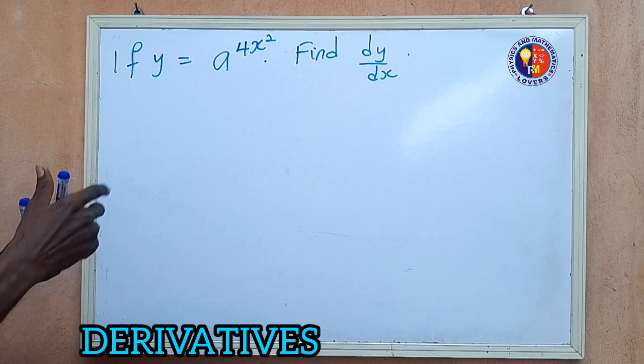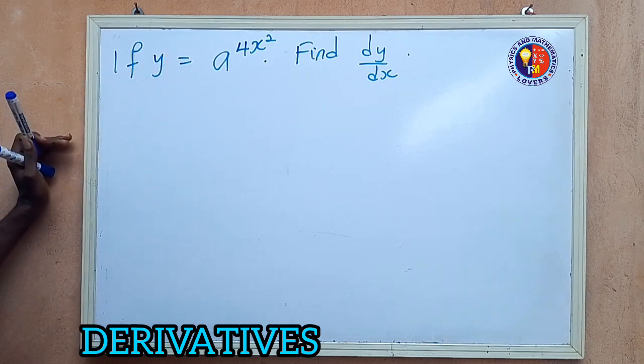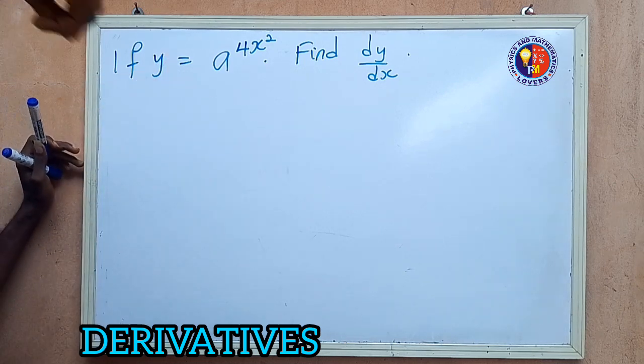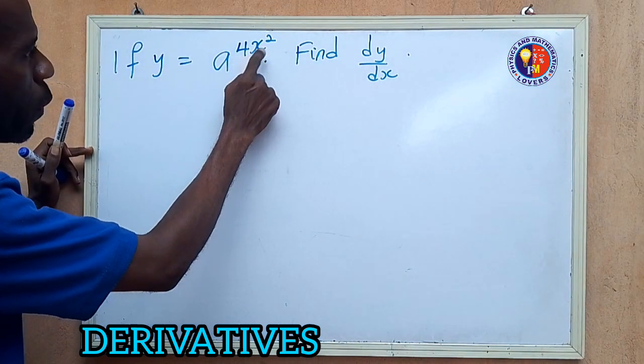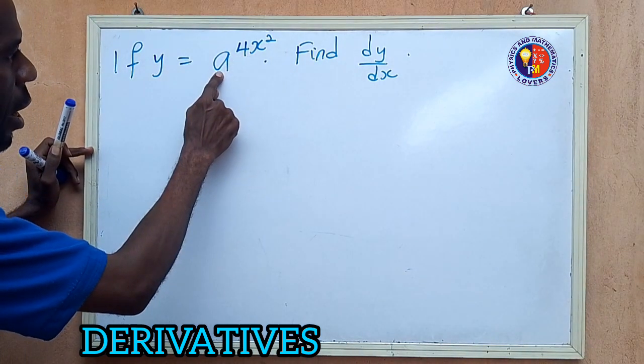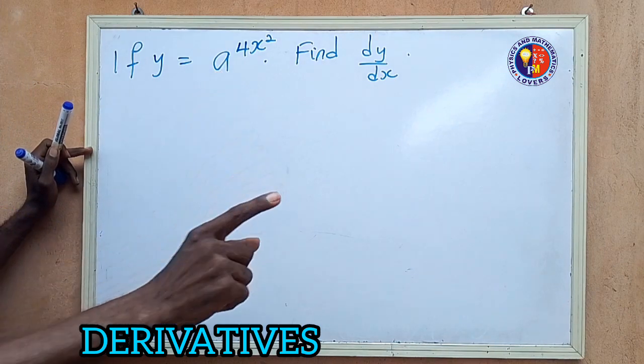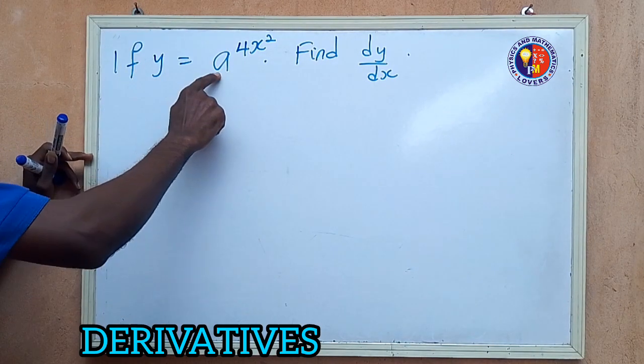That is what we call a composite function. A composite function is where we have a function inside another function. Look here, here is a function of x, and this a is another function, and there is a standard derivative for a.